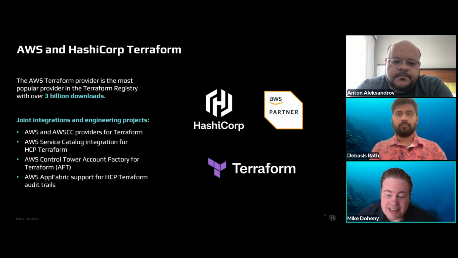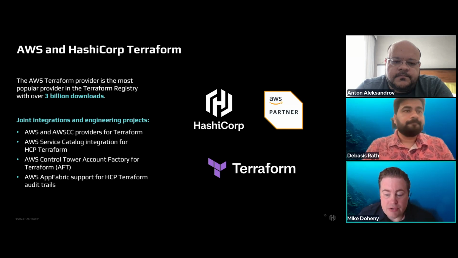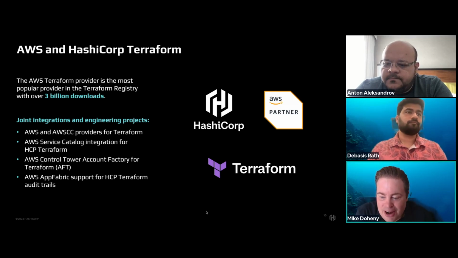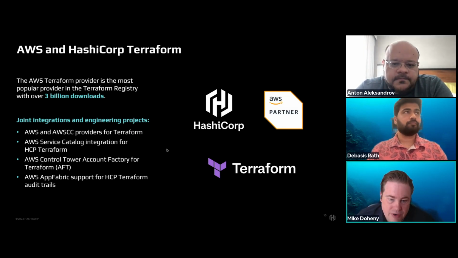So we've built out a second provider called the AWS Cloud Control Provider, just launched in May. It's a secondary provider for auto-generated resources. So there's the traditional provider that everyone's probably used to, but now there's a secondary provider where, if there are resources that aren't available on day one with the traditional AWS provider, there's a secondary resource that's auto-generated. I think that's a good advantage for customers.